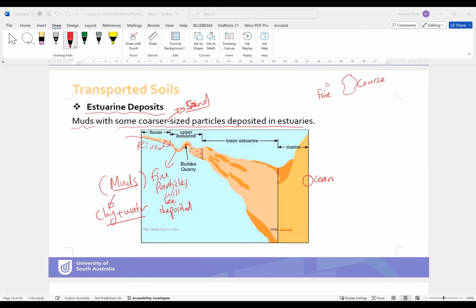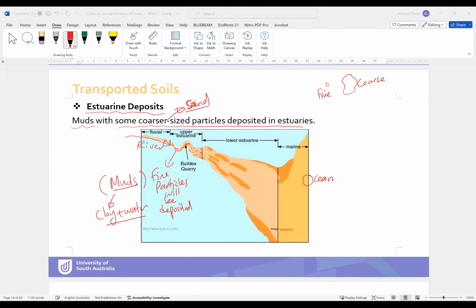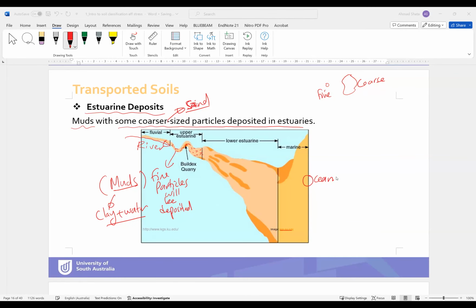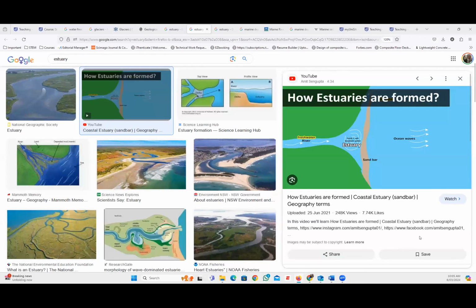I will share another screen now. Can you see the picture? Okay. This is the estuary. So it is the area connecting the river with the ocean.